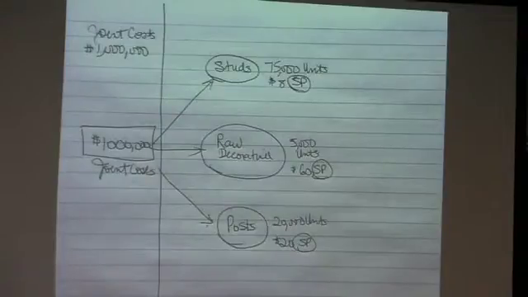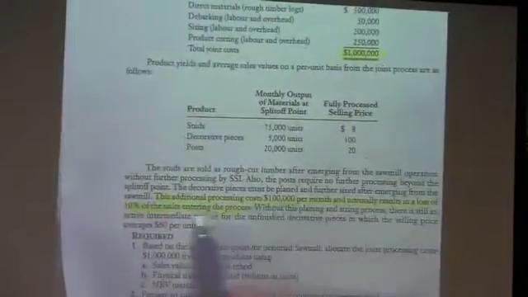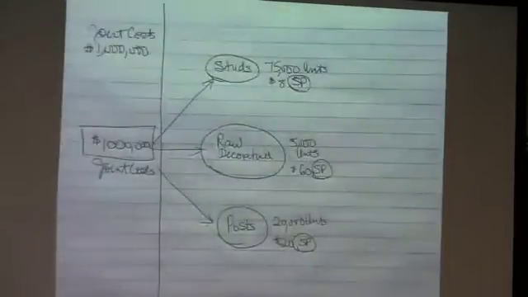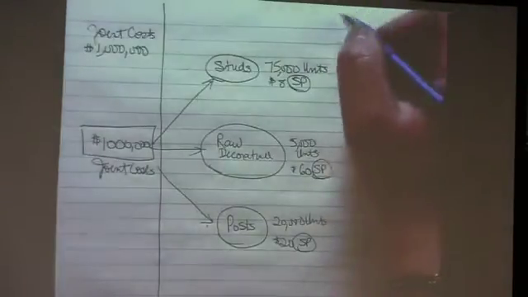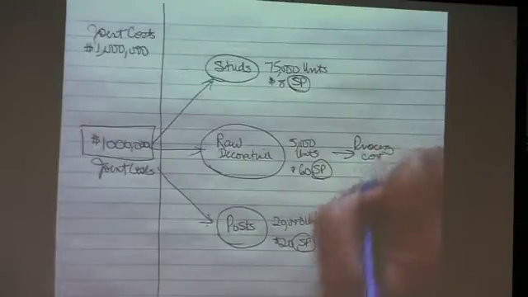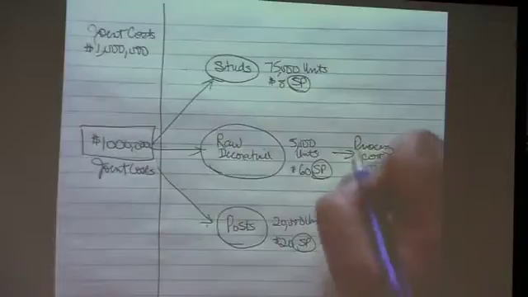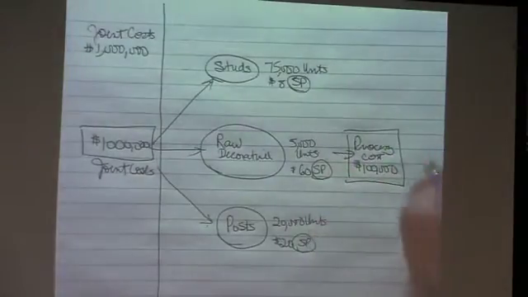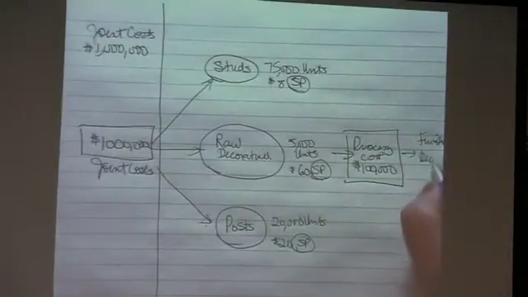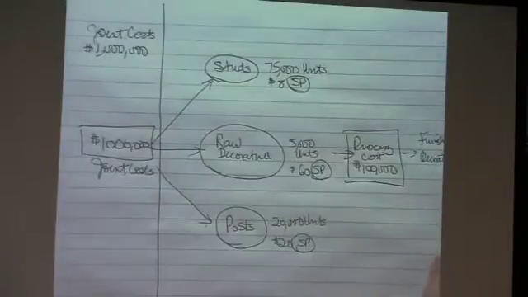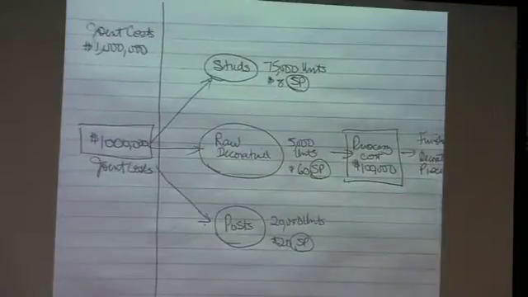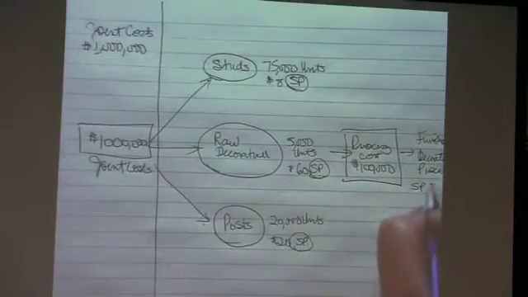Now, we're told that under this circumstance, we're going to process the additional 5,000 units, but we're going to lose 10% of it. So we're going to process it further into what they call finished decorative pieces, and they sell for $100.